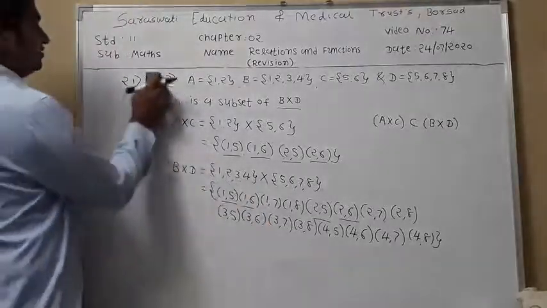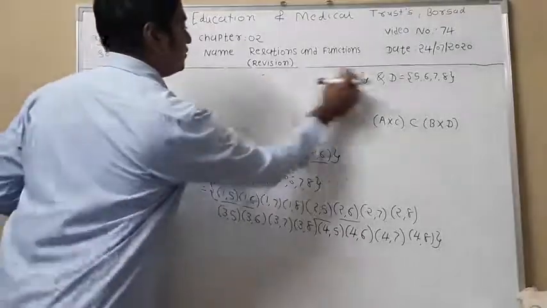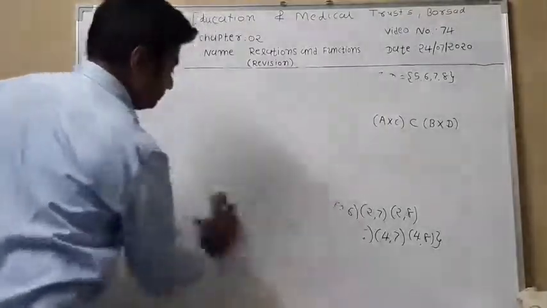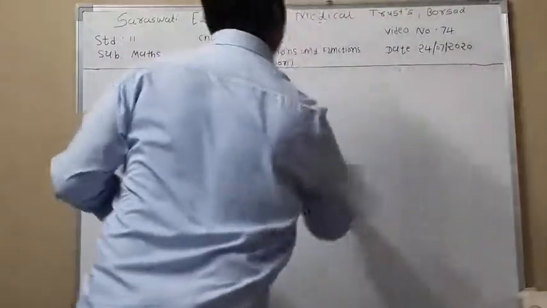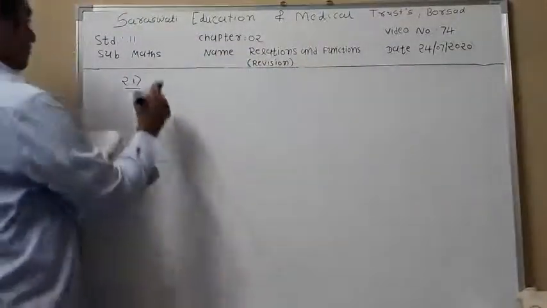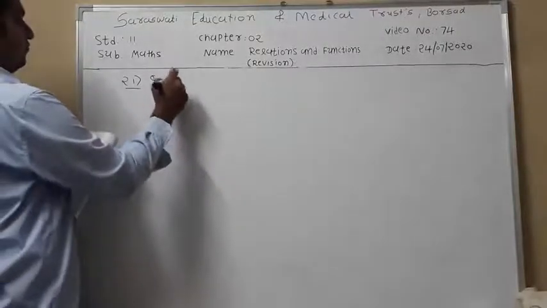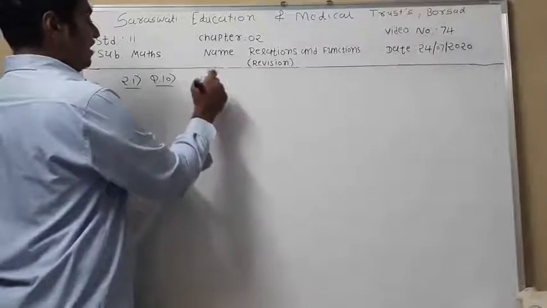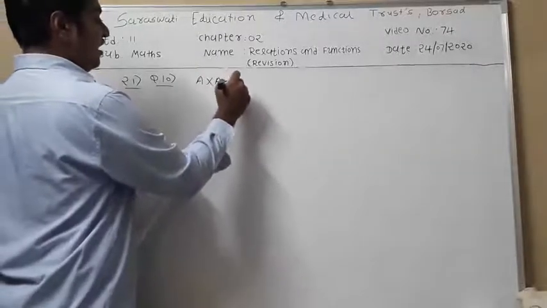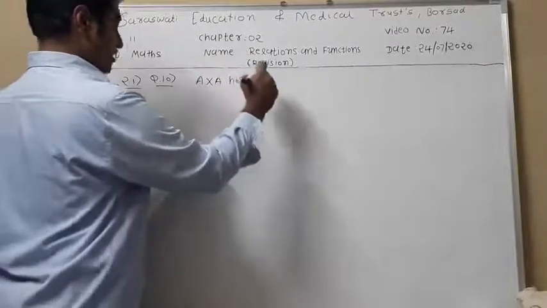Question number 10. A Cartesian product A has 9 elements.